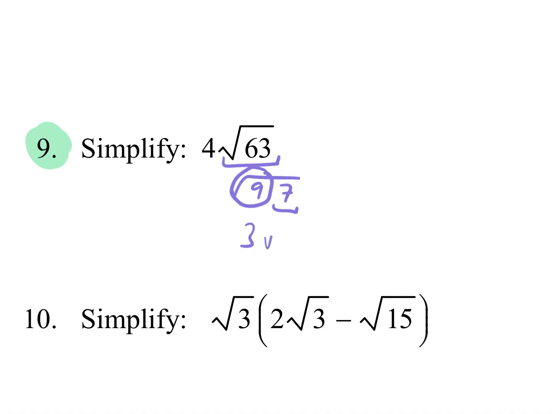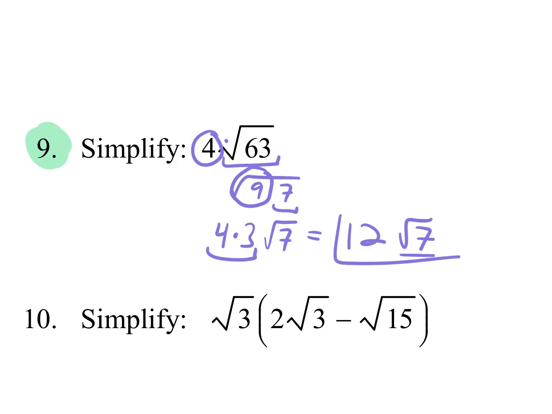Square root of 7 is not a perfect square, so I'm just going to leave it alone. This 4 in front is being multiplied, so I'm going to do 4 times 3 times the square root of 7. You can only do the whole number times the whole number, so this is just going to be 12 square root of 7. There's nothing more that you can do to break it down. It's just 7, so this would be our final answer.